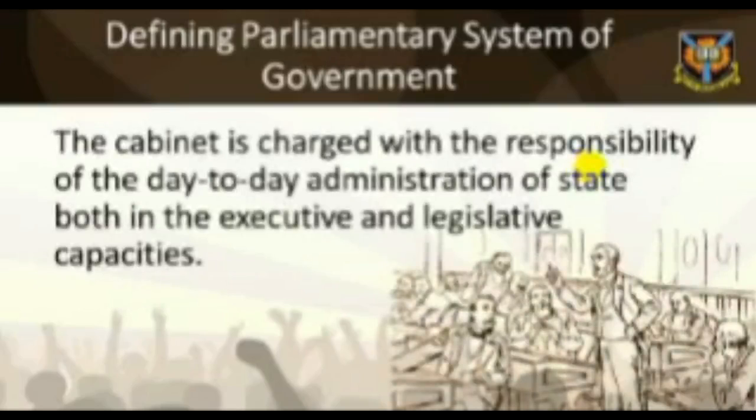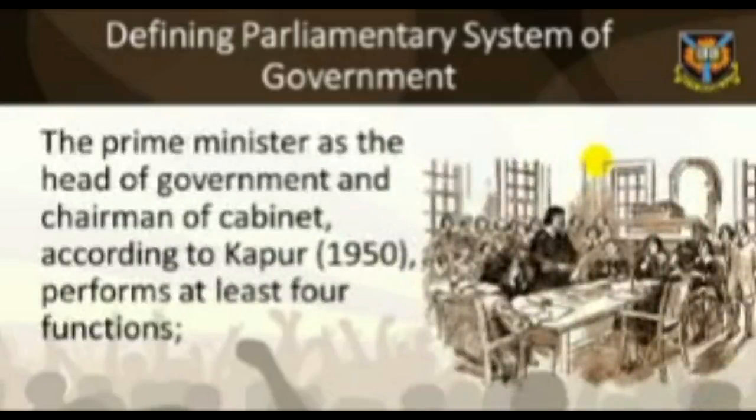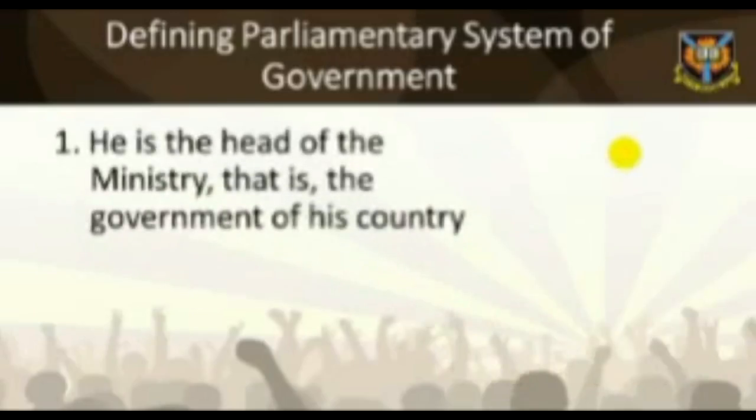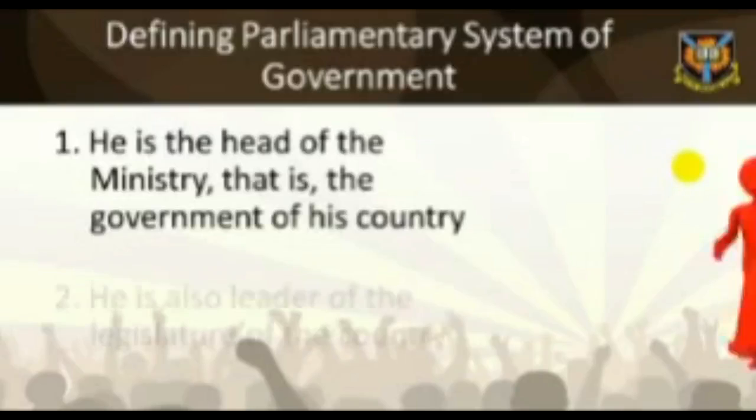The cabinet is charged with the responsibility of the day-to-day administration of the state, in both executive and legislative capacities. The Prime Minister, as the head of government and chairman of cabinet, according to Kapoor, 1950, performs at least 4 functions, which include: 1. He is the head of the ministry, that is, the government of his country. 2.